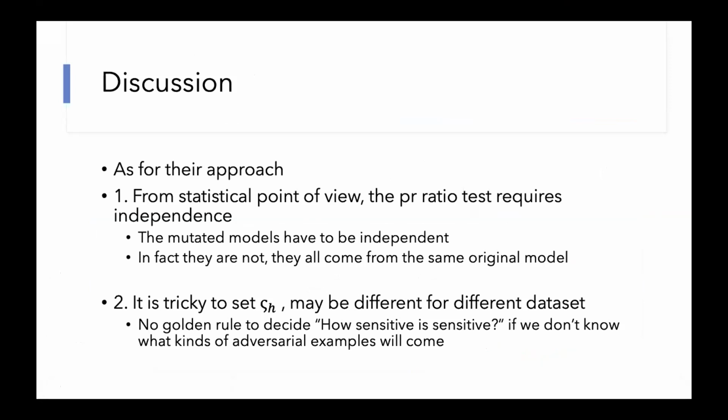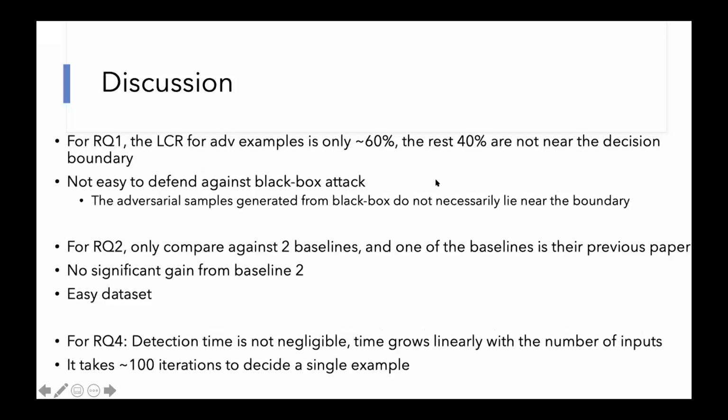It may be different for different datasets. There is no golden rule to decide how sensitive is sensitive if we don't know what kind of adversarial examples will come. Also for research question one, it is not easy to defend against black box attacks because they do not necessarily lie near the boundary.